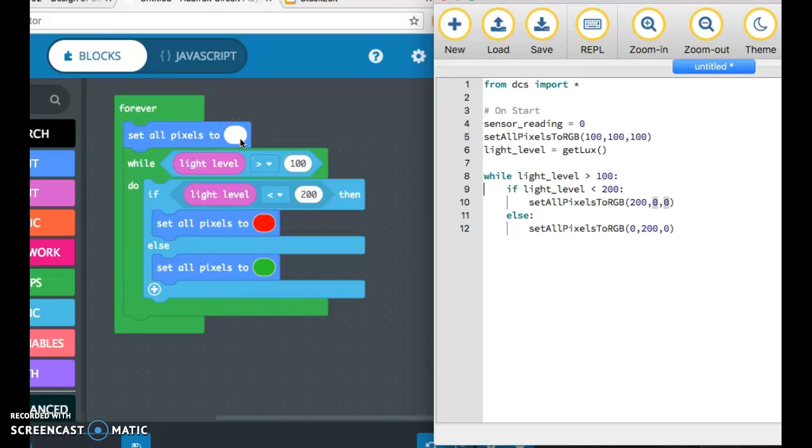And if you, say, shine a flashlight on the light sensor kind of far away, causing it to be between 100 and 200, it would be red. And if you really press the flashlight onto the light sensor, making it really, really bright, all of the pixels would be green. Thank you.